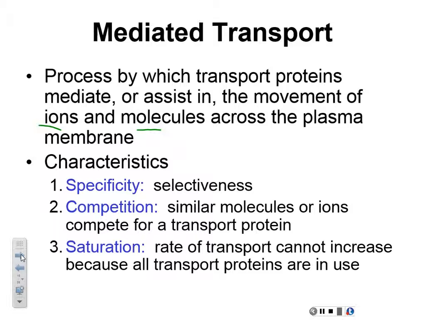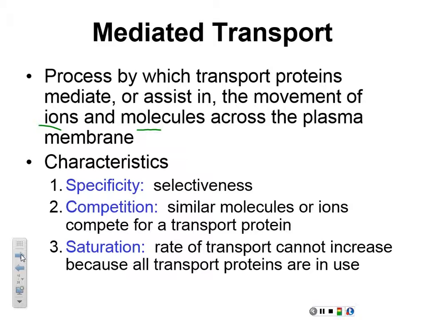And then you're going to have, of course, specificity, because not any protein will attach to any other molecule or ion. So it's going to be specific, so that means it will only move certain molecules. That goes to the concept of being selectively permeable, because it doesn't just attach to almost anything and go through. It will attach to certain substances, right?